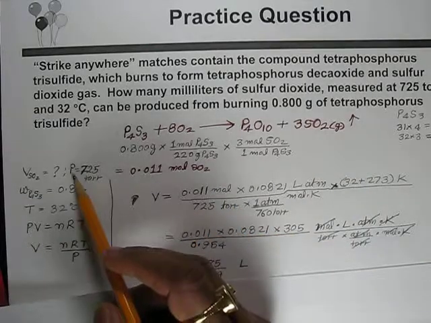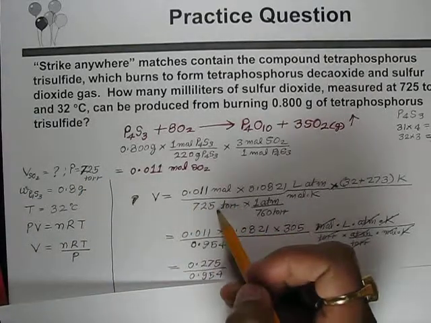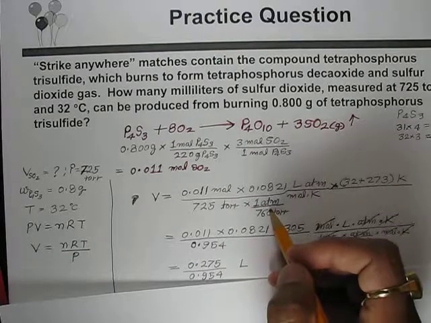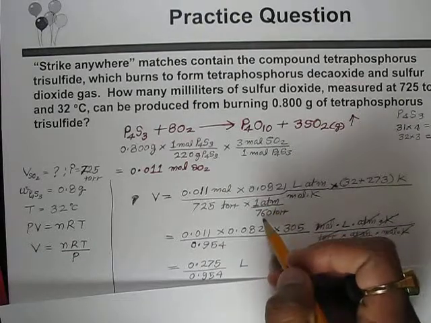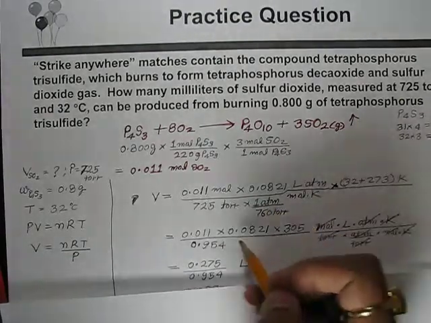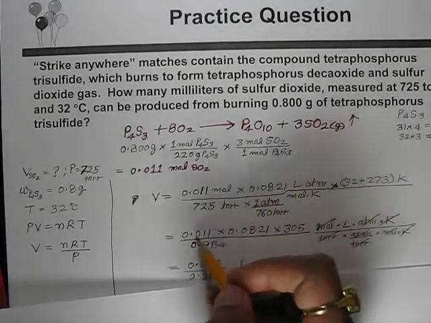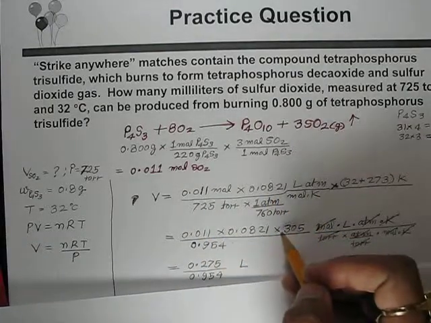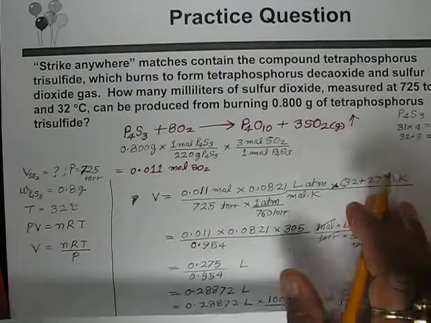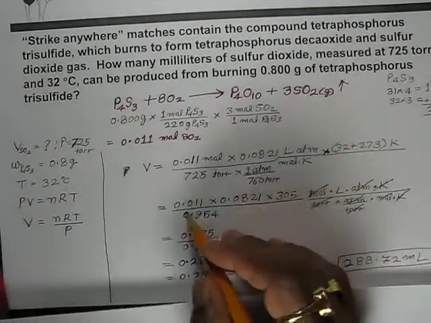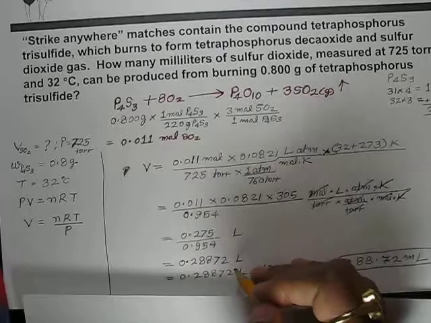Since they have given pressure as 725 torr, we have to convert it into atmosphere. So 1 atmosphere divided by 760 torr, and then we can place all the numbers on the left-hand side and all the units on the right-hand side, and then multiply and divide.